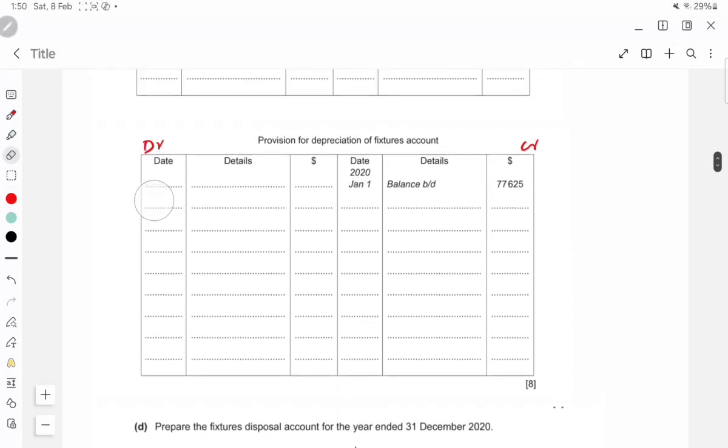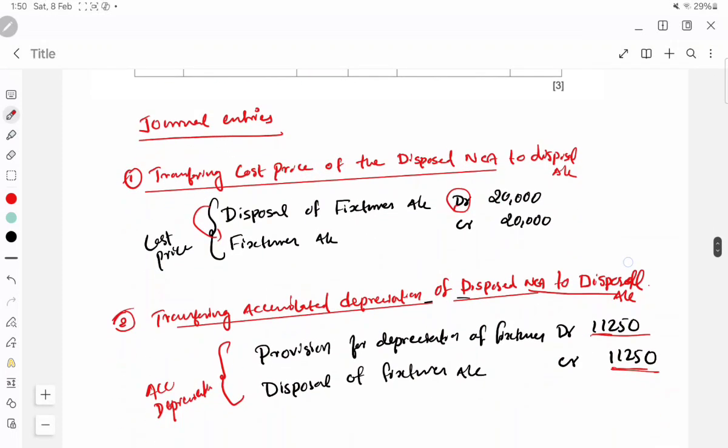Write the date June 30th. The corresponding entry is fixtures disposal, and the amount is 11,250, the calculated amount.